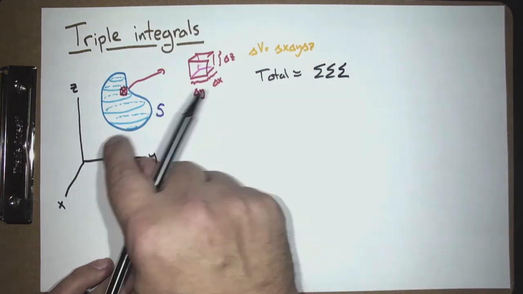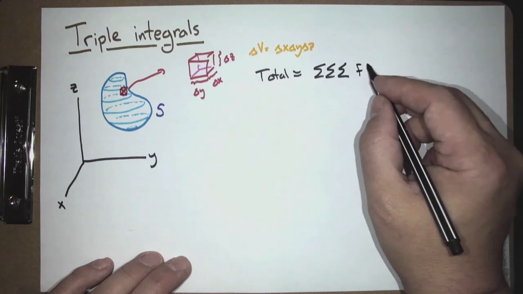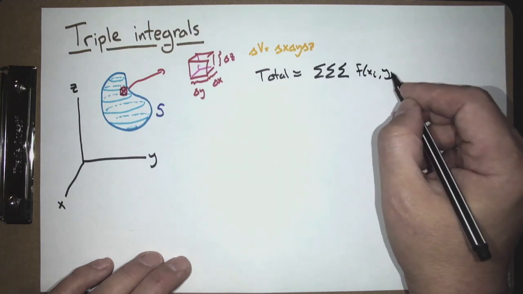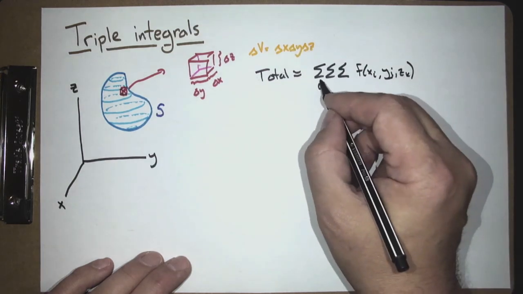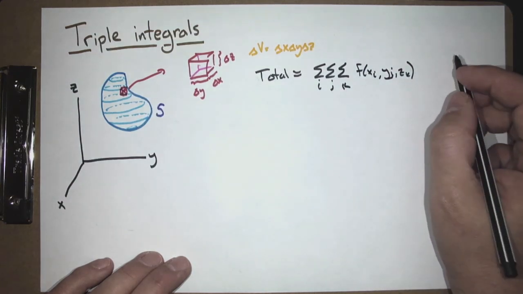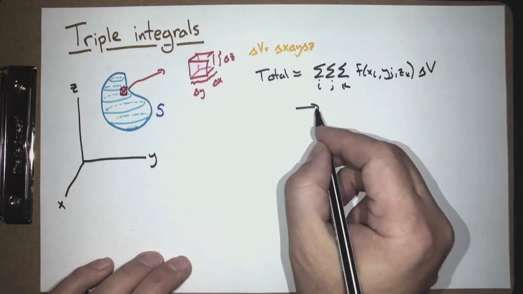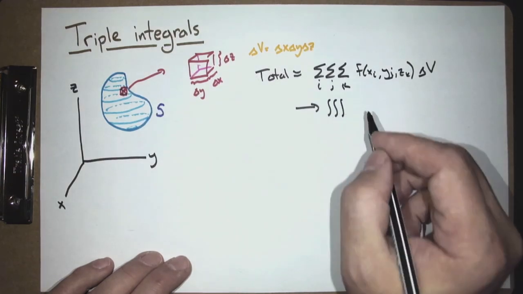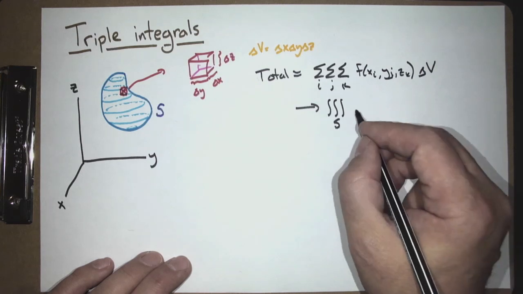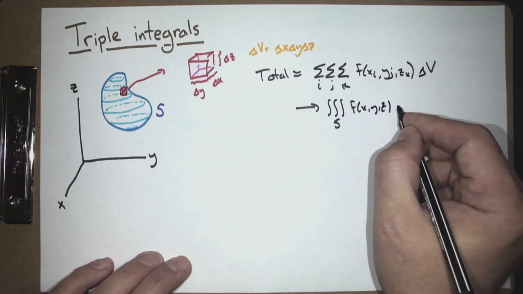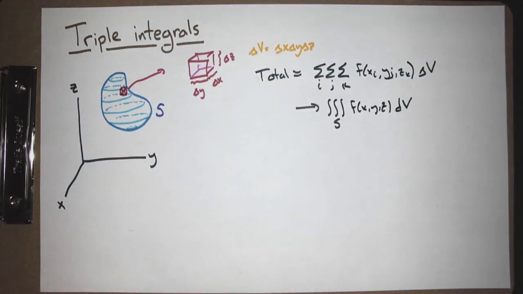And there are three sums because we have to move in three directions: f of x_i, y_j, z_k, and delta V. We denote this by saying, in the limit as our pieces get small, this is the integral over our solid of f of x, y, z dV. So that's the theory. Break things up into small pieces, add the pieces up, life is good. What's our practice? How do we actually do this?